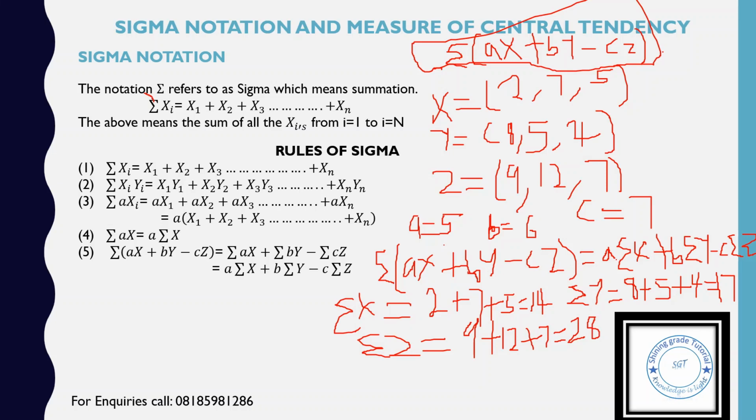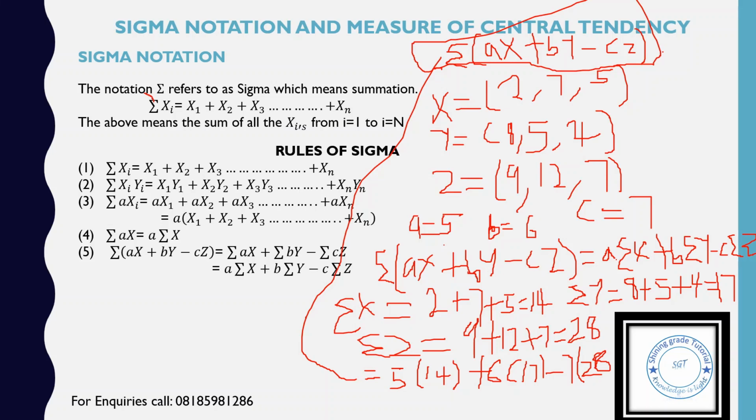Alright, so then the final answer for this will simply be equal to 5, which is a, following this law, 5, which is a, multiplied by summation x, which is 14 rather, so 14, plus b value is 6, multiplied by summation y, which is 17, so minus 7 multiplied by summation z, which is 28.